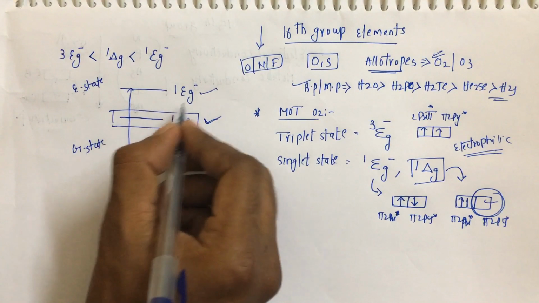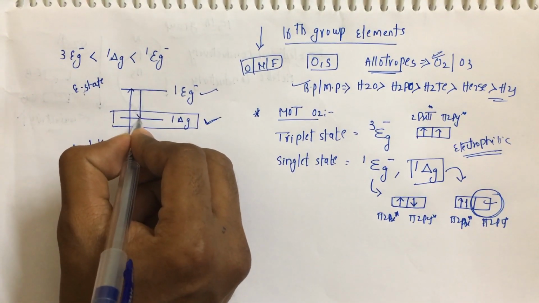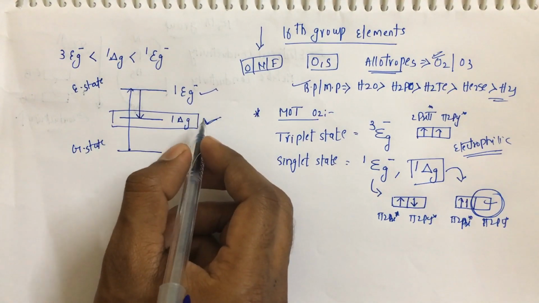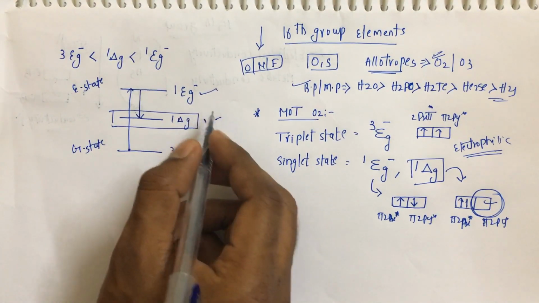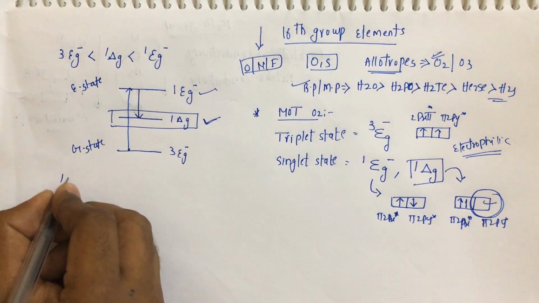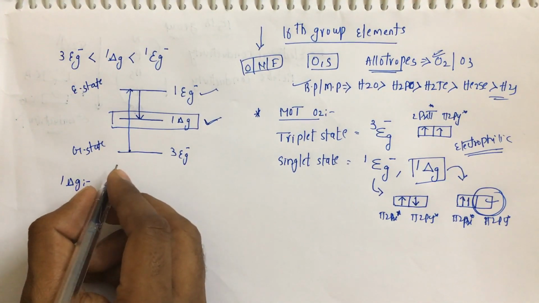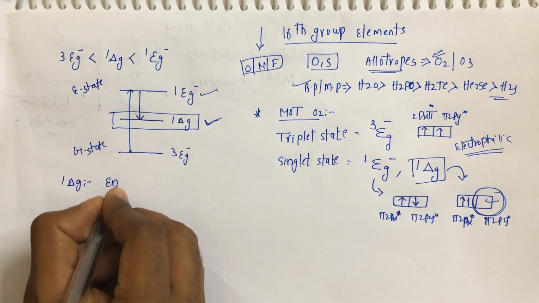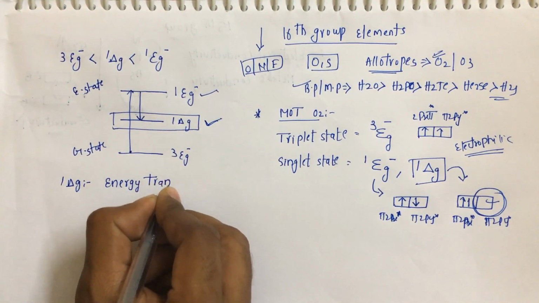Since this state is unstable, it will come back to this term, and the reactions will take place from here. It's also possible to synthesize this 1Δg term photochemically, through energy transfer.